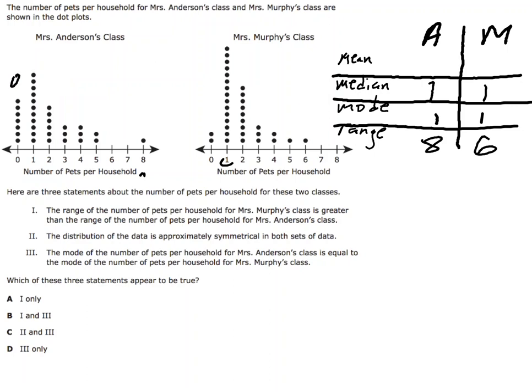So 0 times anything is 0. And here we have 11. 1 times 11 is 11. 6 times 2 is 12. 3 times 3 is 9. 4 times 3 is 12. 5 times 2 is 10.